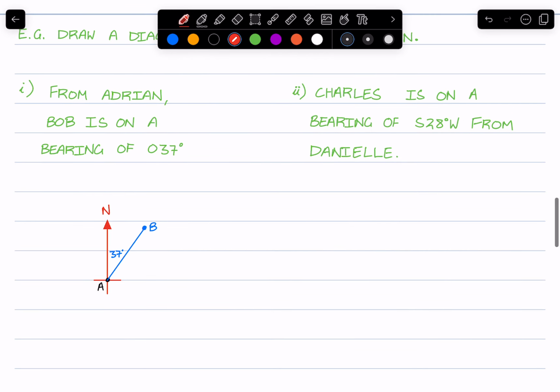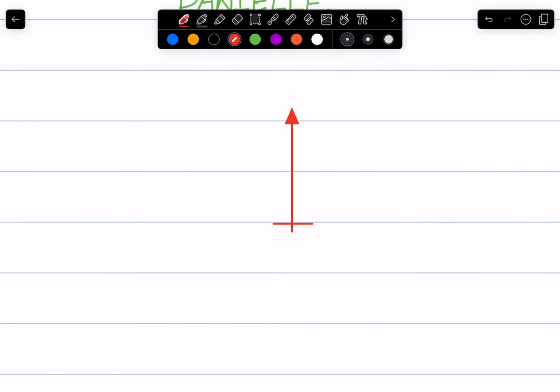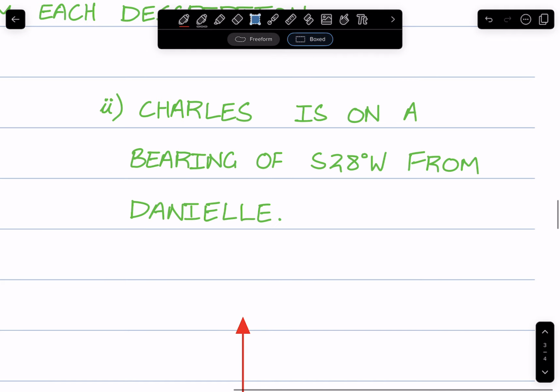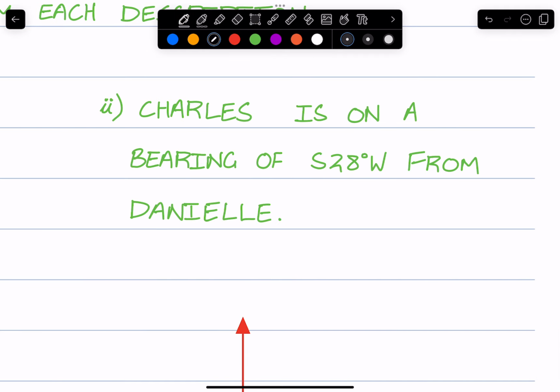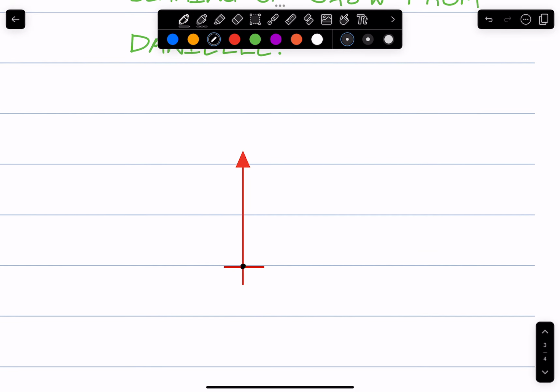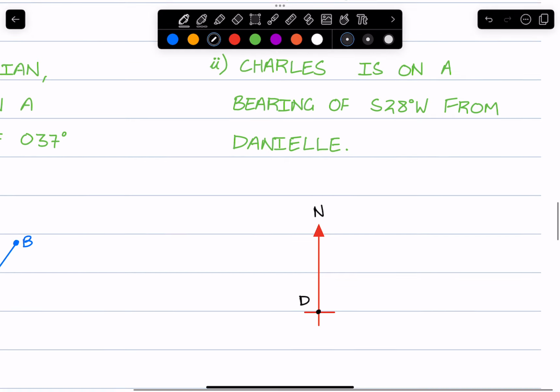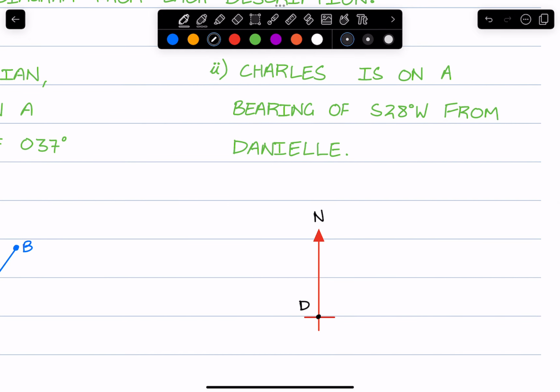So once again, since we're working with a bearings question, we immediately draw that compass rose, and it's stated that it's from Danielle, which means Danielle is here in the center, so that's D. Put north there.